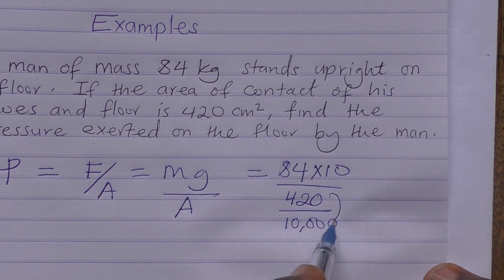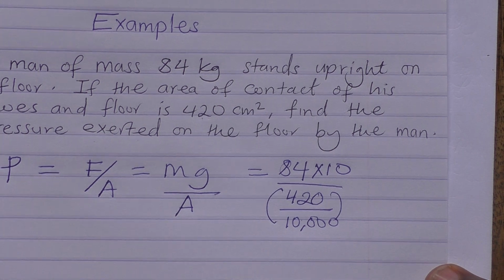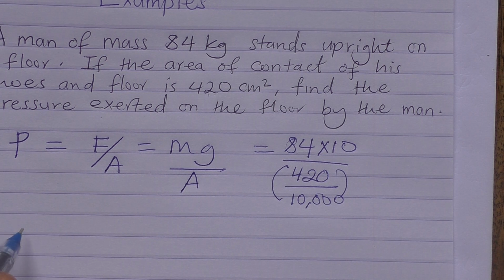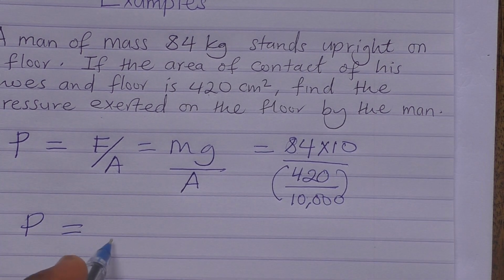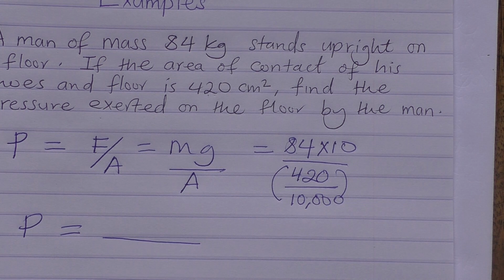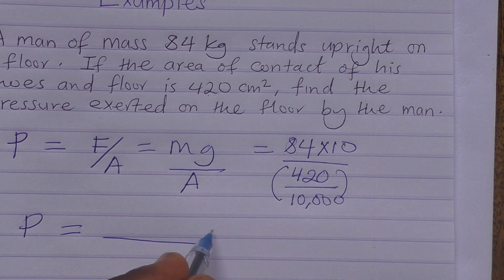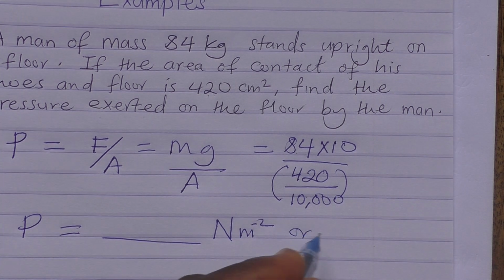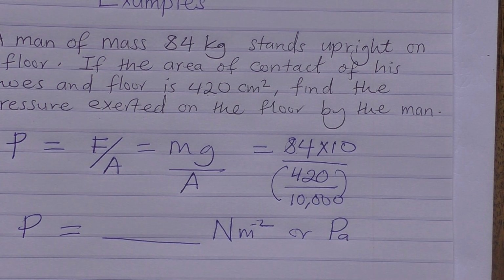So that is how we shall find the pressure. Please, you can go on to use a calculator to come up with the exact figure for the pressure. Whatever figure it will be, it must be in either Newton per meter squared or in Pascal.